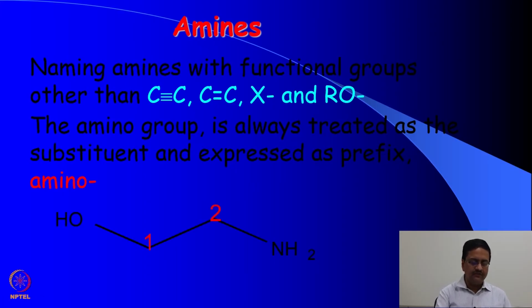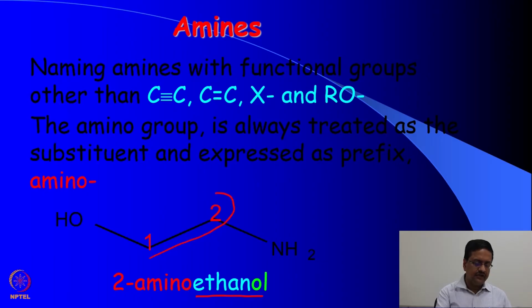When you have a molecule like that, which has two functional groups at two ends, OH and NH2, OH has a higher priority. So, the compound is ethanol, where this part signifies the ethane, this part talks about the ol, and at 2 position you have the amine group. So, we write it as 2-aminoethanol.